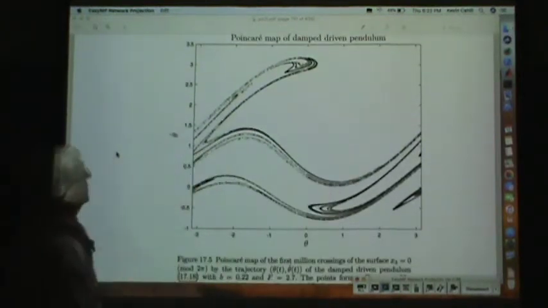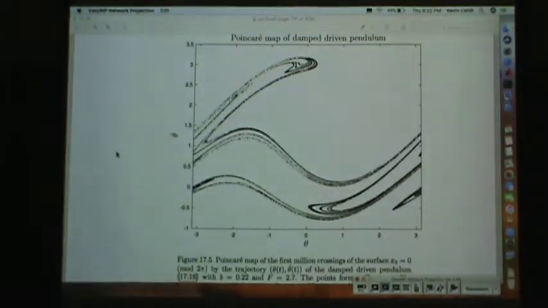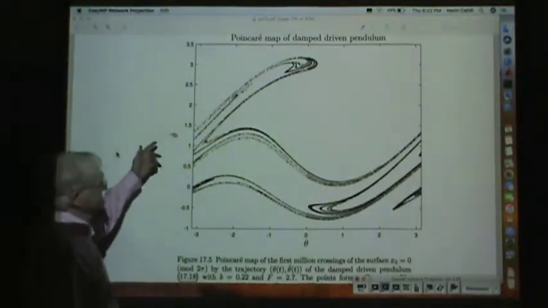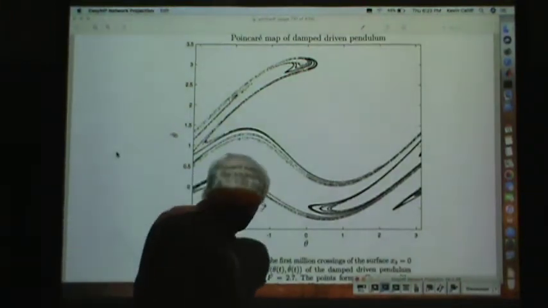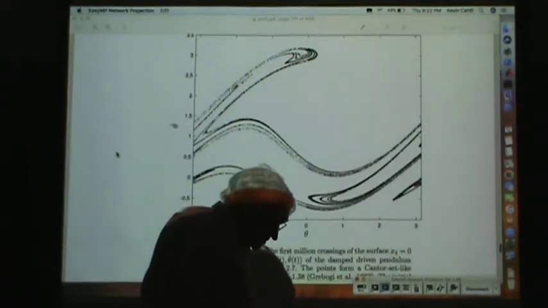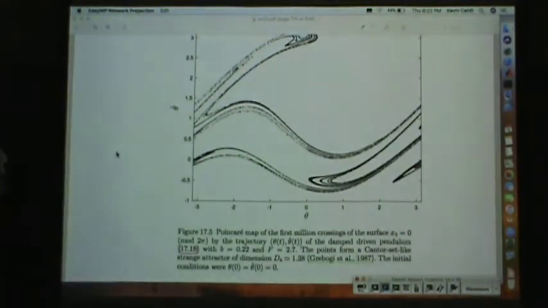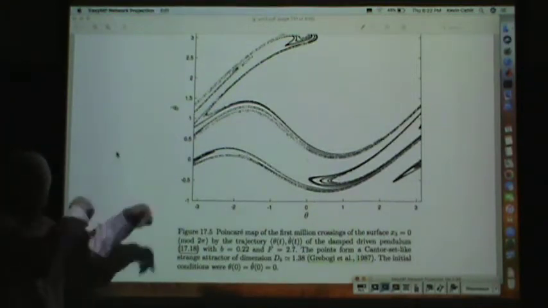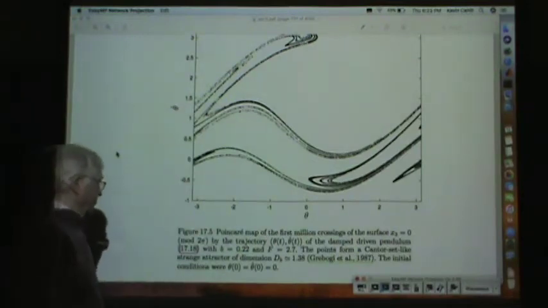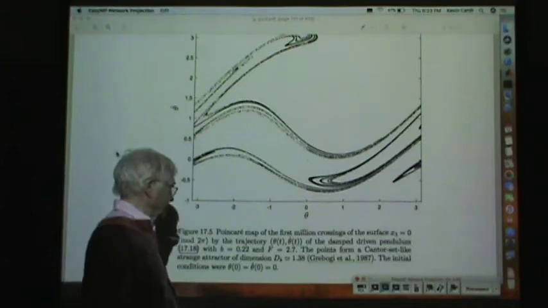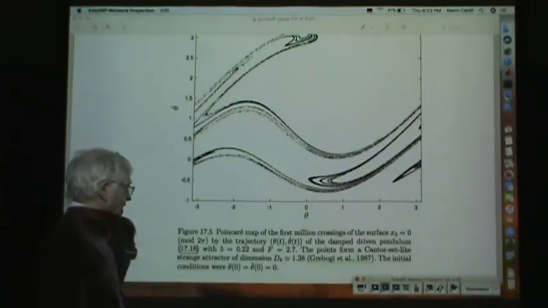So this is the Poincaré map of a damped driven pendulum. This is theta dot, and let me read the caption here. It says the first million crossings of the surface x3 equals 0, and then mod 2 pi. So if the pendulum goes over the top and so forth, you go more than 2 pi, so everything's mod 2 pi.